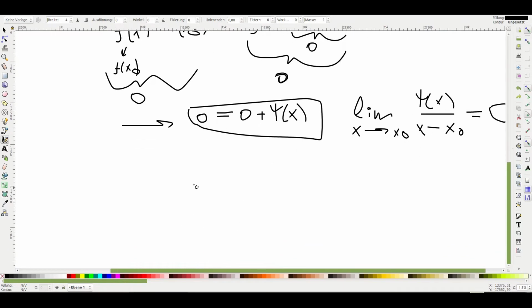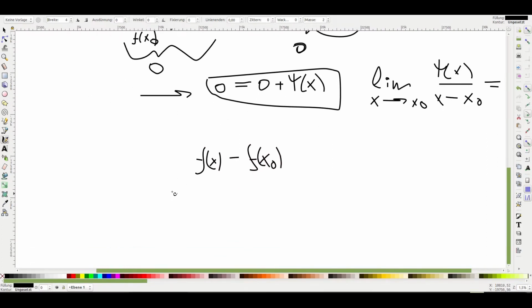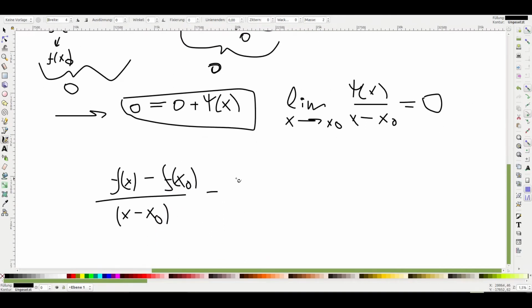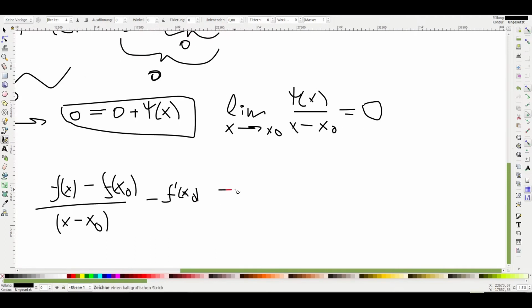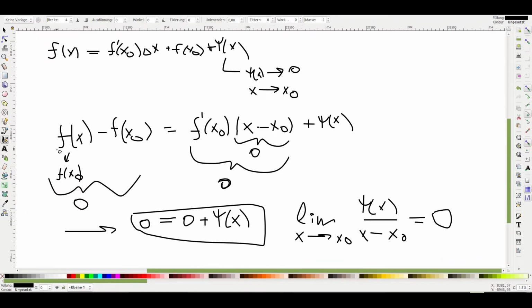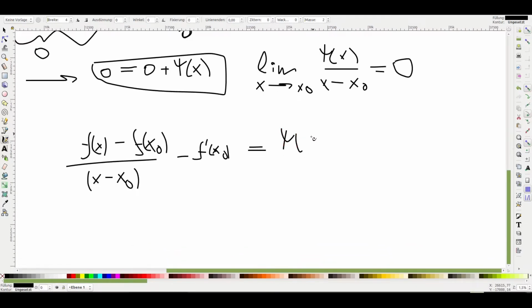So what we're left with is f of x minus f of x0 over x minus x0 minus the first derivative of f at x0, which is equal to, now we divided by x minus x0, so we have to divide it here as well on this summation. So psi of x is also divided by x minus x0. Both sides have to be divided in this equation.